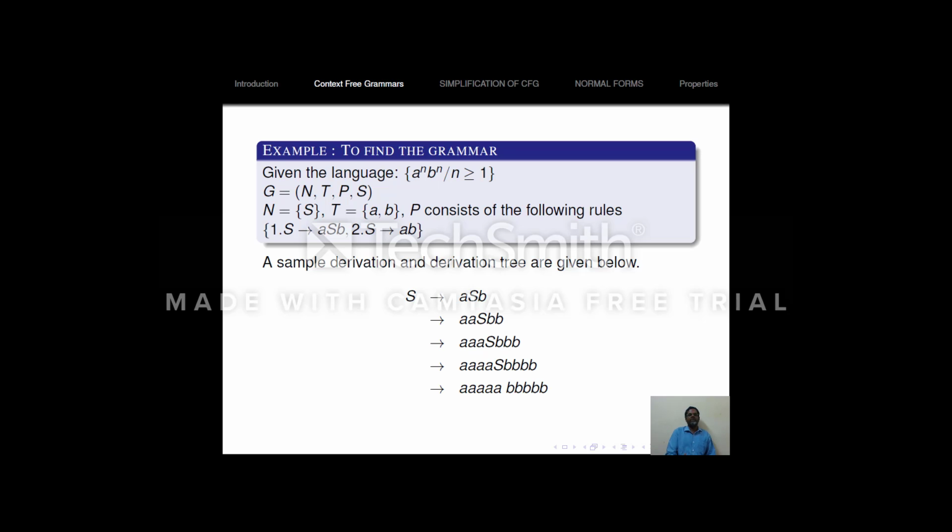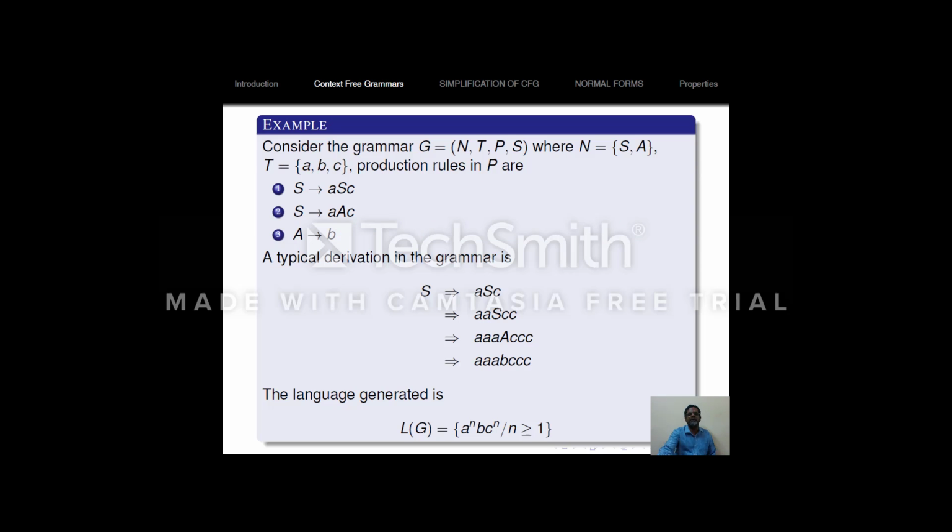In that sense, we come to the second model of the problem. Given the language a power n, b power n, where n is greater than or equal to 1, we have to compute the grammar which generates this. As told clearly, in the earlier grammar, for example, S goes to ASC.